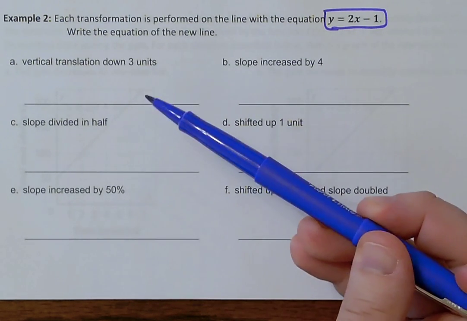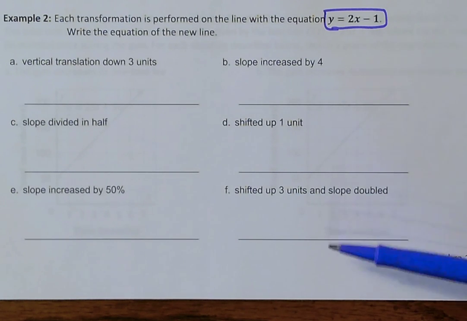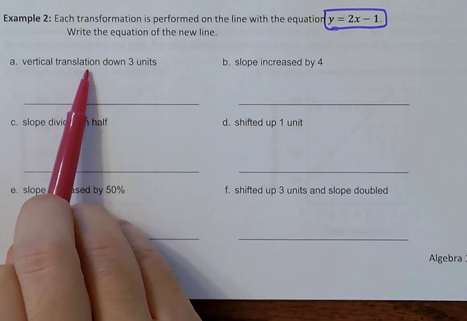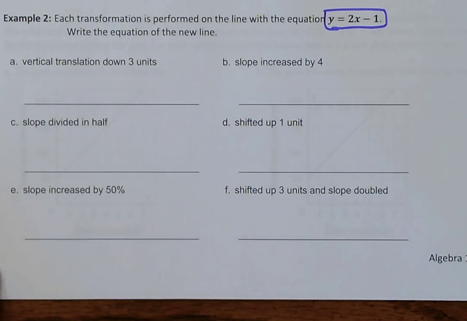We have to go through and write a new equation to apply these different transformations. So we have parts A through F that have different types of transformations, and we have to apply that to the equation. All right, for A, it states a vertical translation down 3 units.